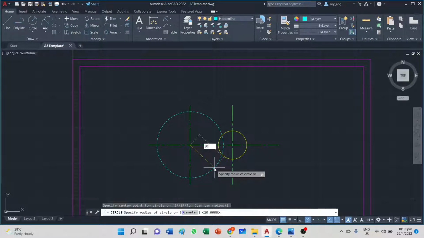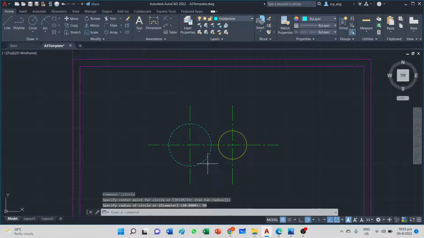So I'll put R30, and what I'm trying to say is that the center of R30 would lie somewhere along here. We just don't know where it is at the moment, and we need to draw the second construction circle, and when the two construction circles intersect, that intersection is the center for R30.